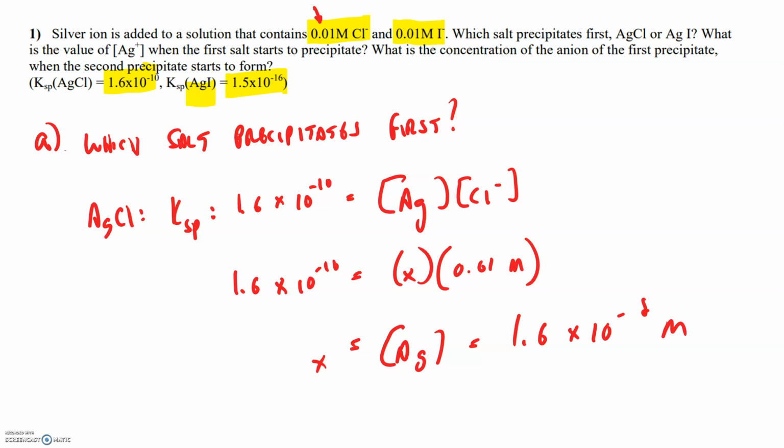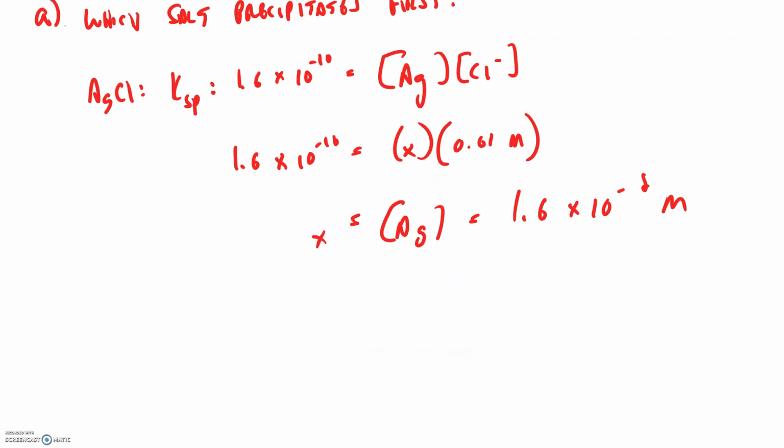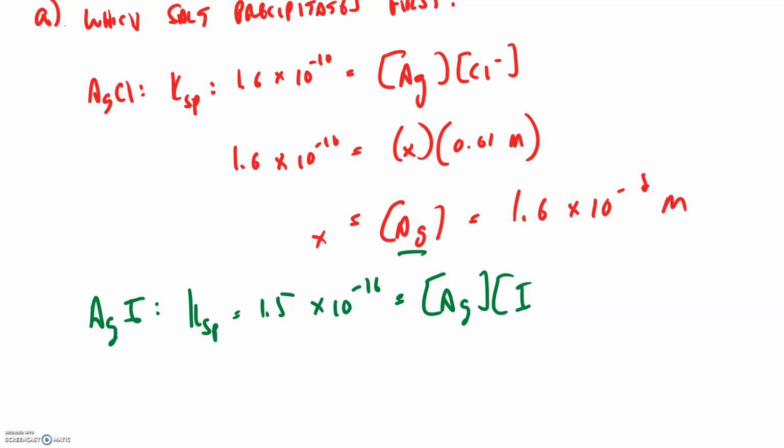Let's do the same thing with our silver iodide. In other words, what's the concentration of silver that we need to add to get our silver iodide to precipitate out? Well, we know the KSP is equal to 1.5 times 10 to the negative 16th, and the expression looks like this.